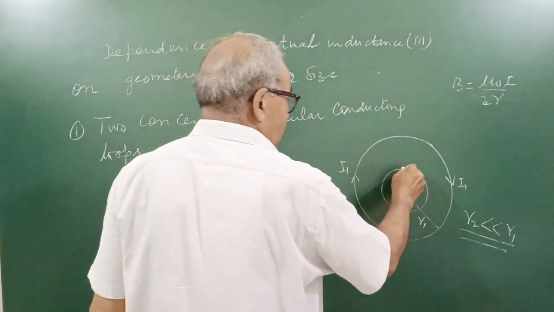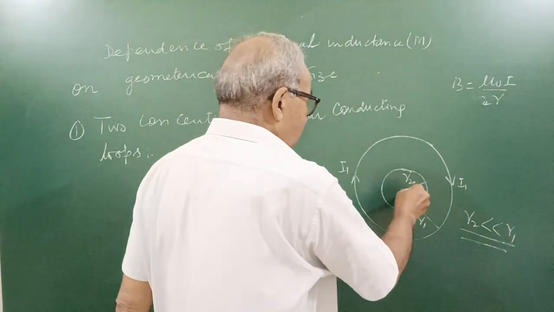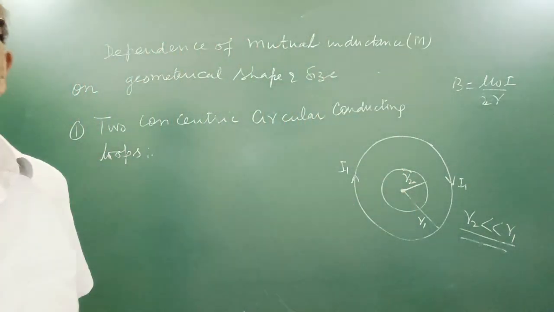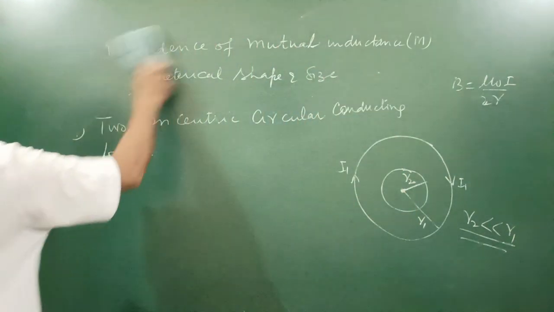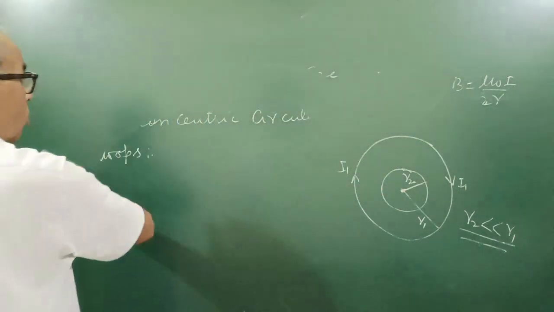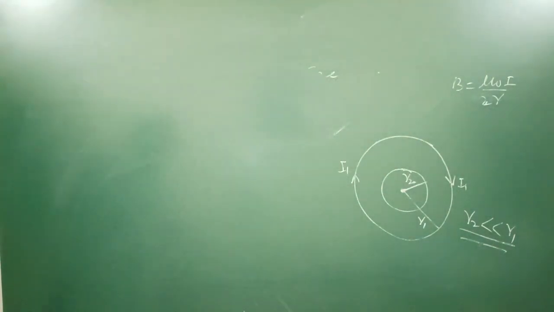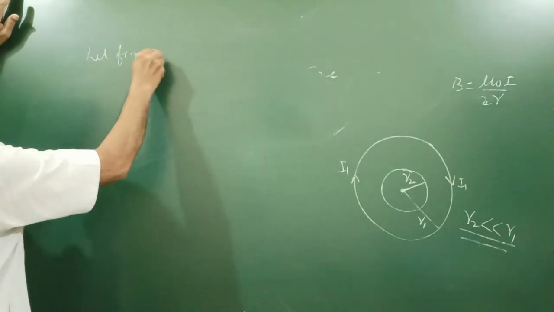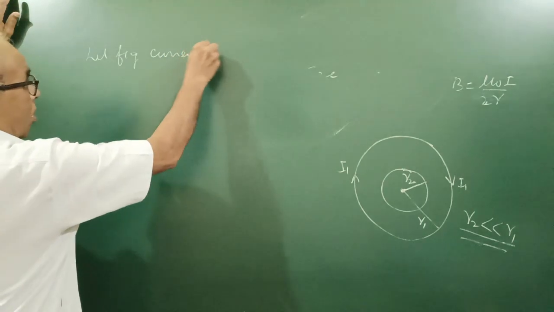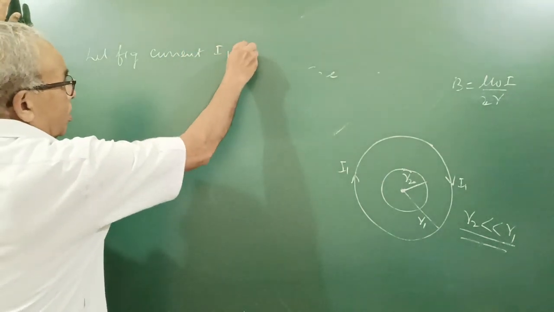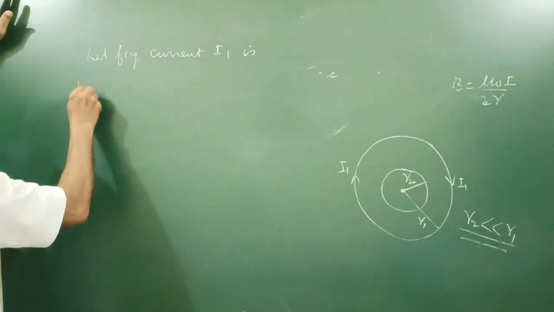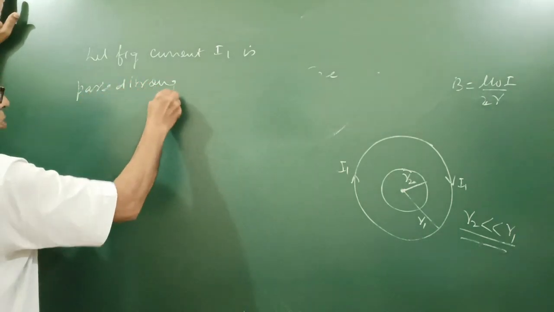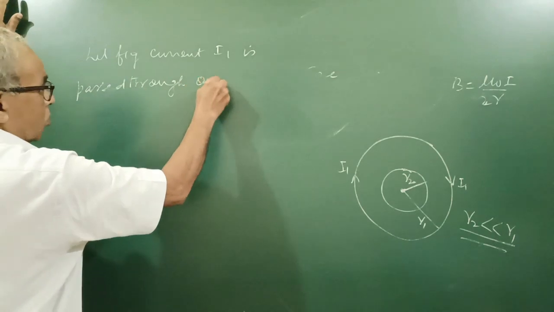Now if we pass current in this inner coil, then the field here inside and here outside would differ, so calculation will become difficult. So let me pass current I1 through the outer coil.